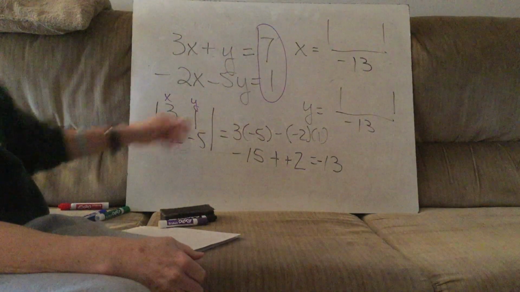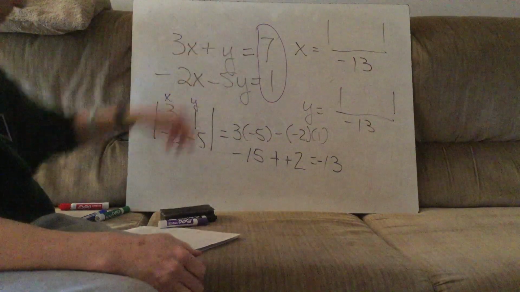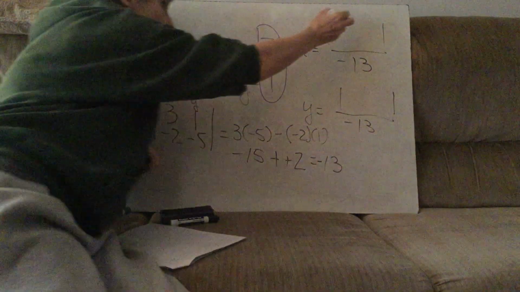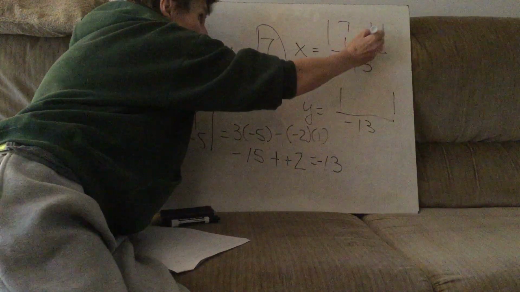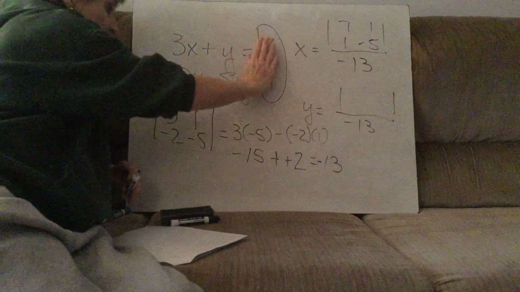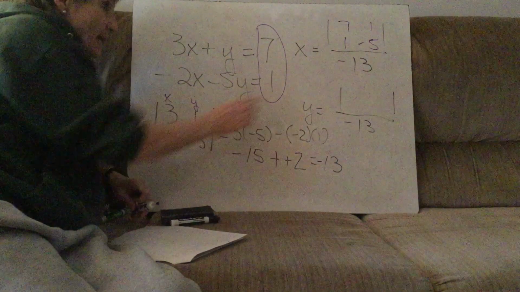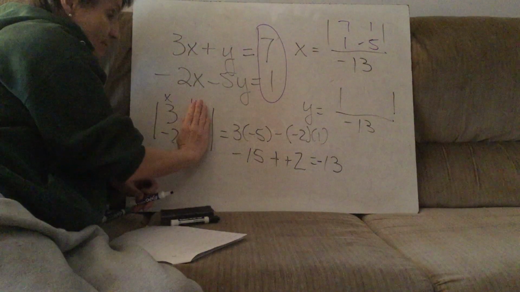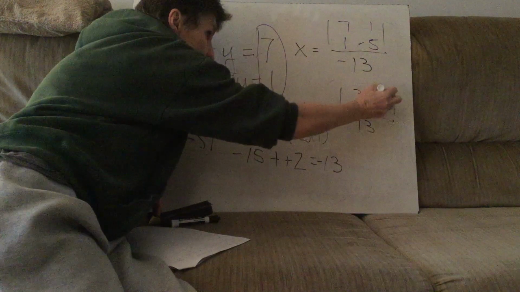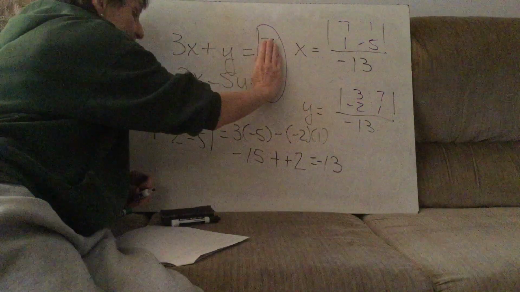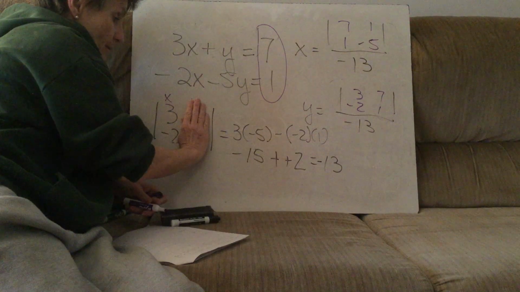These are the x numbers, so the 7 and the 1 go on top of the x. So it's 7, 1, 1, negative 5. And when I do y, the 7 and the 1 go here. So it's 3, negative 2, 7, 1. I am literally cutting these out and pasting them on top of the one I'm solving for.